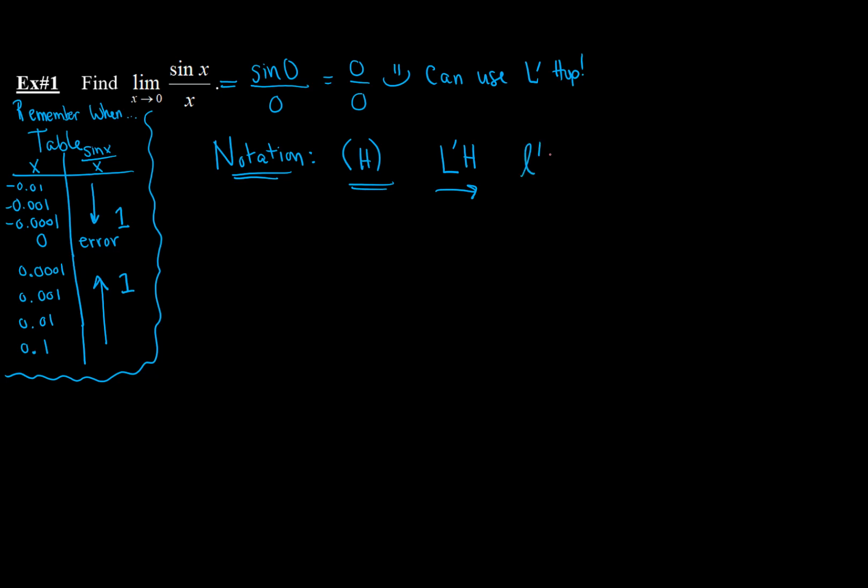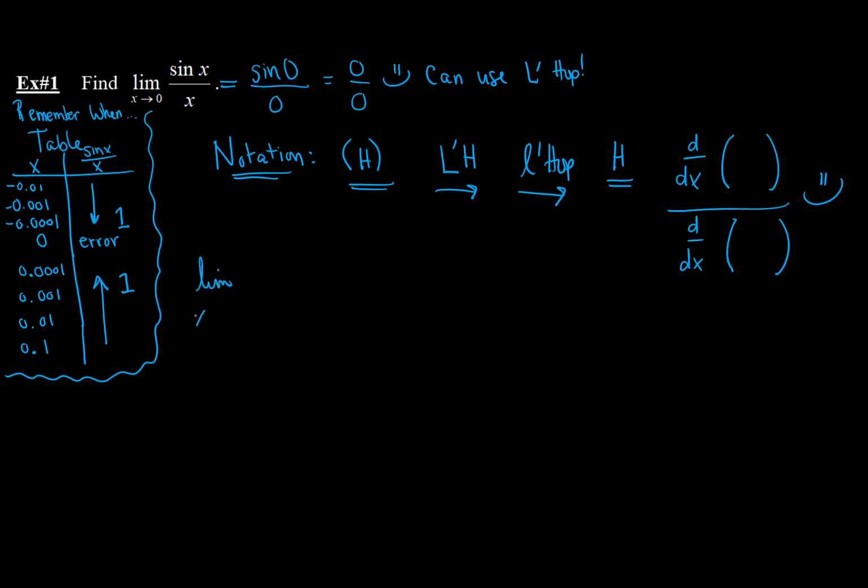I'm a huge fan of the L'Hop with an arrow. Or I've seen people just do a capital H with larger equal signs. You can also show the derivative notation if you want to write all that as well. It's up to you. Like I said, a little creative freedom.